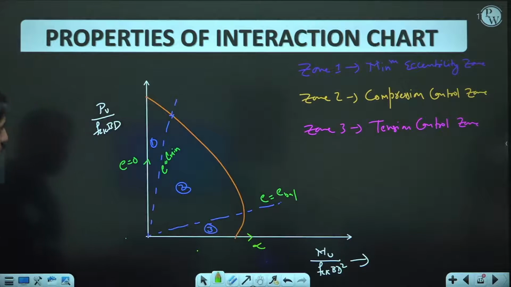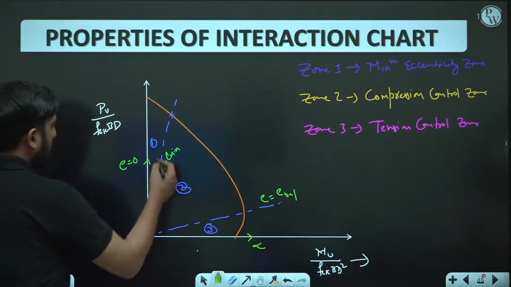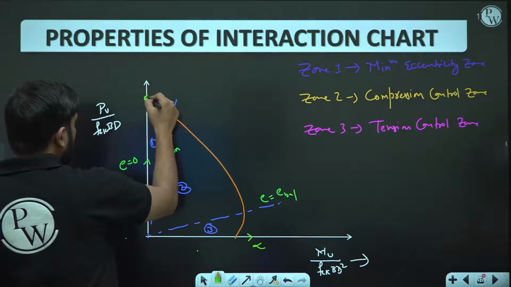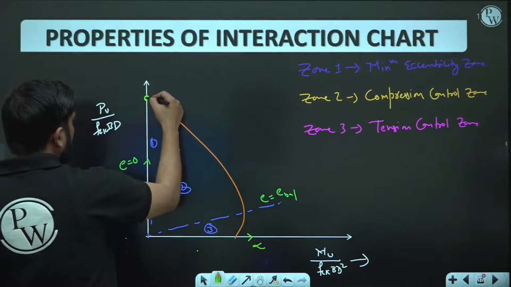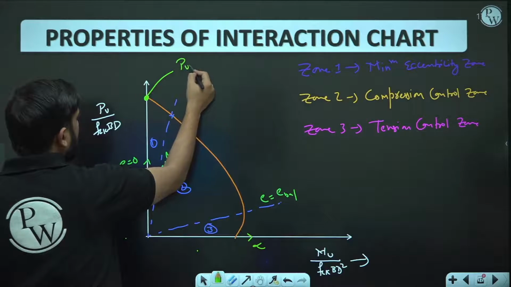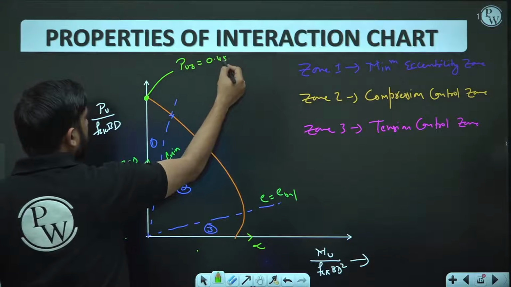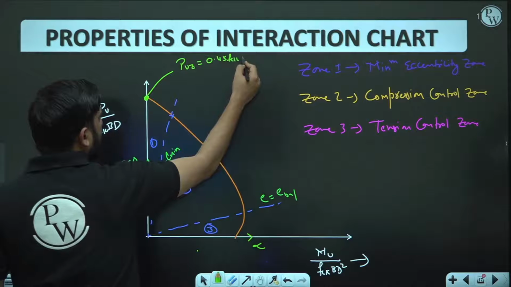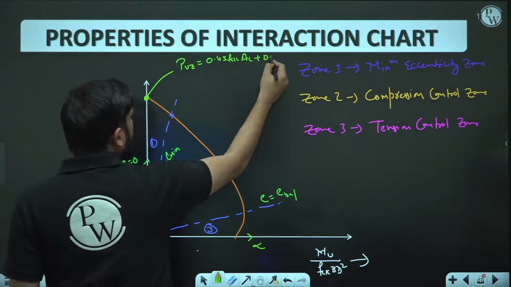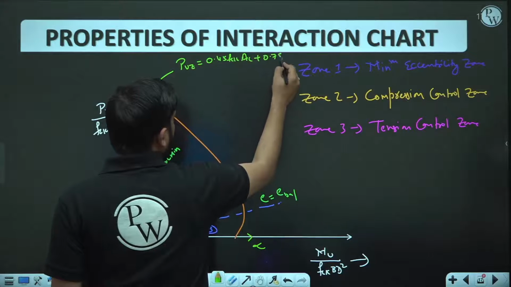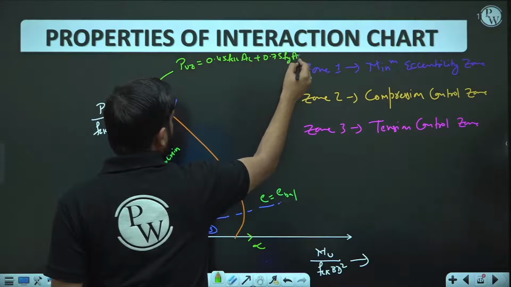In zone number 1, this is the perfect zero eccentricity case. If somebody asks what this strength is, you can denote it by PUZ, and it is 0.45 FCK AC plus 0.75 FY into AS.